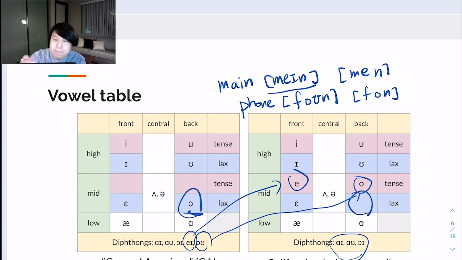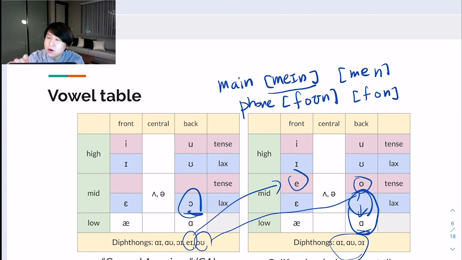Another difference is here. The lax mid back vowel, open o, which is the vowel in words like law or cough. I use this vowel, but in Californian accent, it is merged completely together with the "ah" sound.